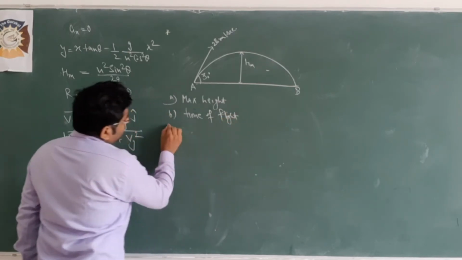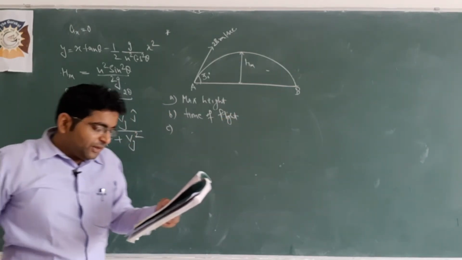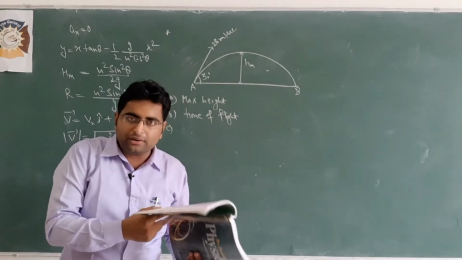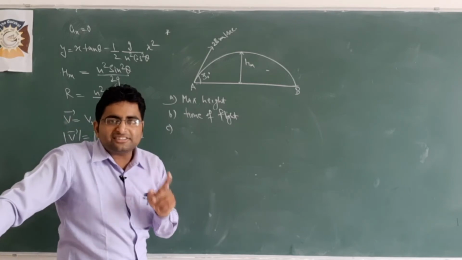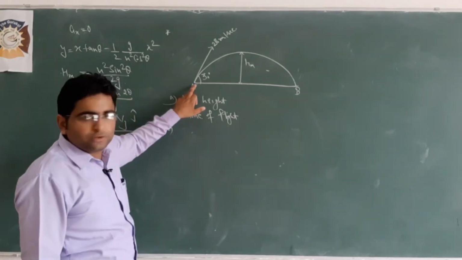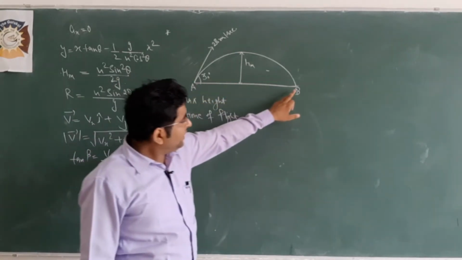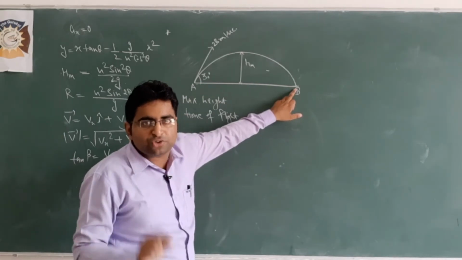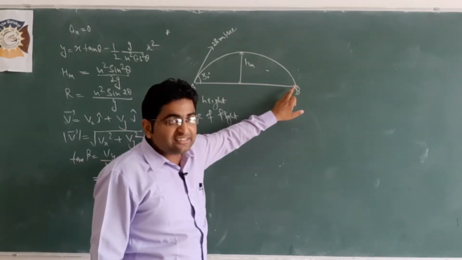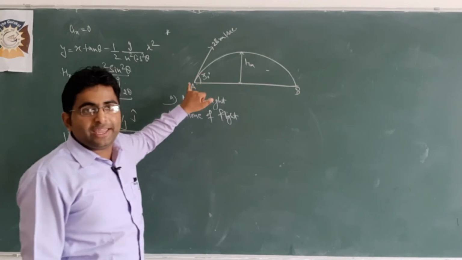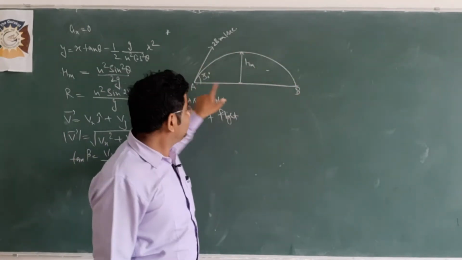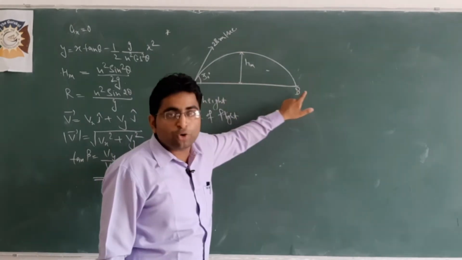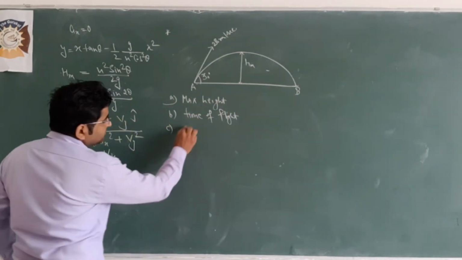Third, the horizontal distance from the thrower to the point where the ball returns to the same level. It is the point of throw, and the ball has gone up to B, and B is at the same level as A. So when the ball goes from A to B, this distance AB is the horizontal distance.